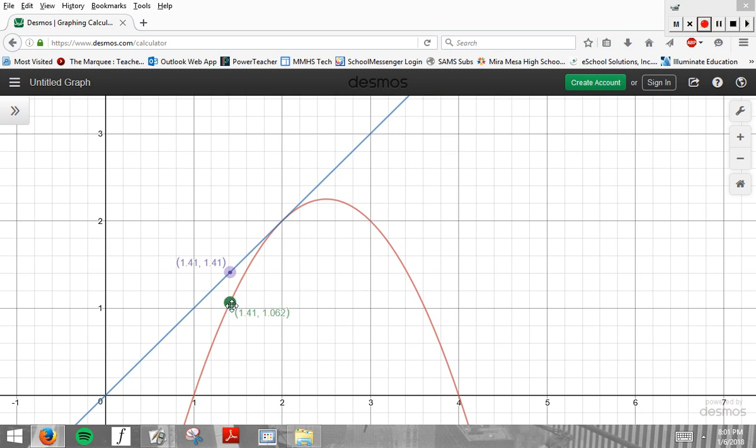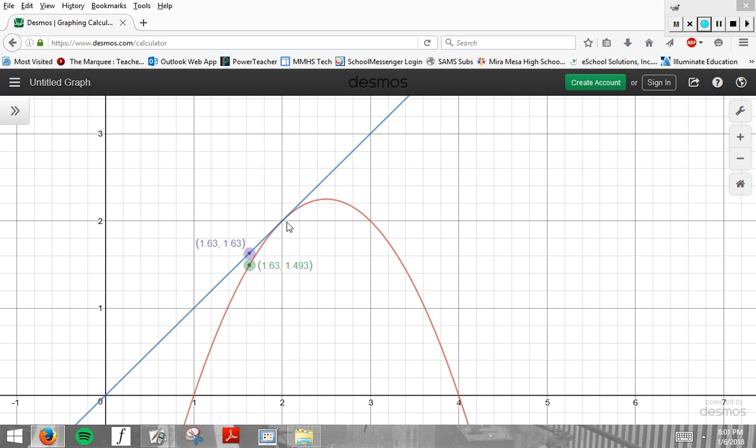So as these two points get closer, watch these y values. They're about 0.4 off right now, closer to 0.3. Getting to here, we're only 0.1 off.